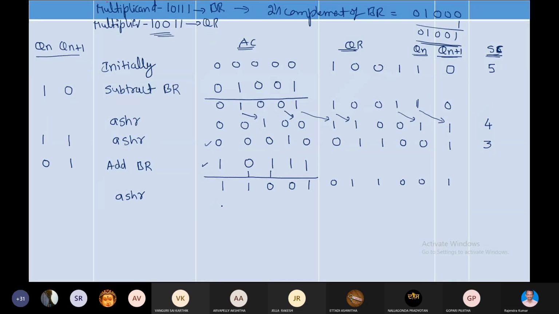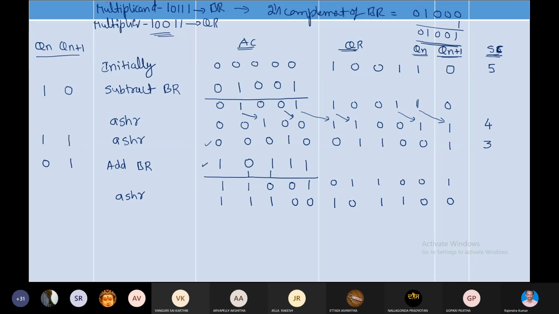So what comes then? One minute. Okay, so arithmetic shift right, what you are doing is, this is the MSB, so we will insert 1 here as a new MSB, and 1 1 0 0 1, 0 1 1 0 0.